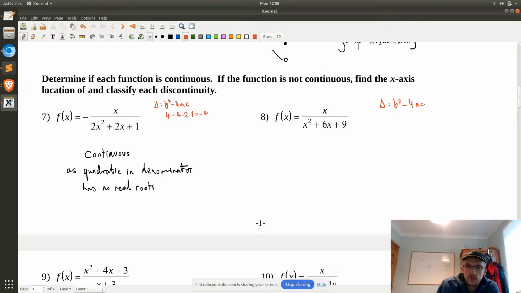All right, for this situation over here, which is similar, b squared minus 4ac, 36 minus 4 times 1 times 9. And that produces 0. And so it has, I mean, of course I can just see it, but it has like a repeating root at x equals 3. And therefore, I need to investigate the behavior at -3.